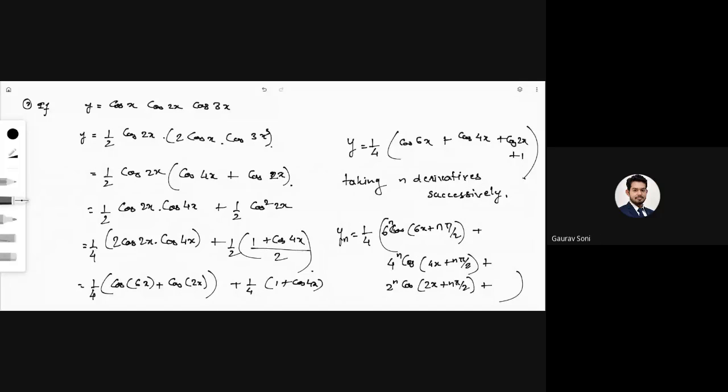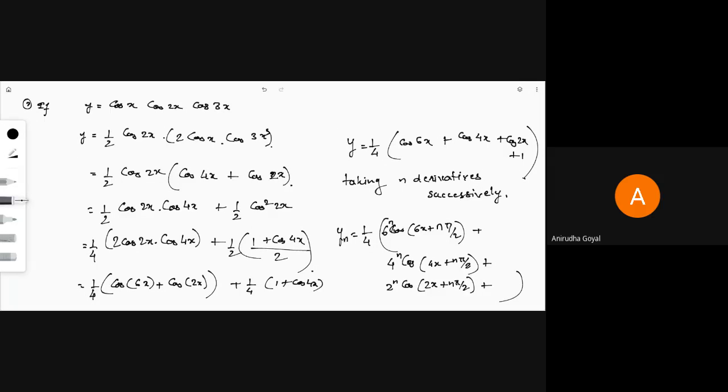The last term, what will be the further term? Sir, no, nothing, but this much is the answer. This much is done. Okay, thank you. It's correct. So one, any number of derivatives of one will become zero. Zero. That is our final answer.